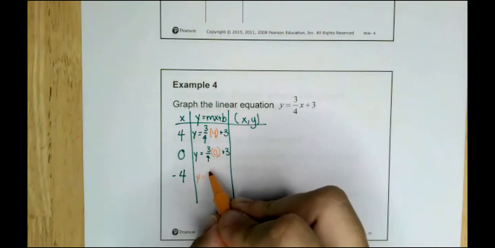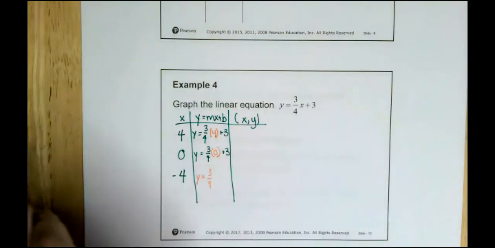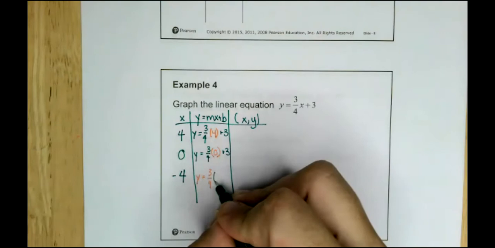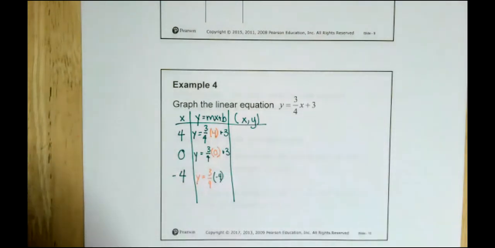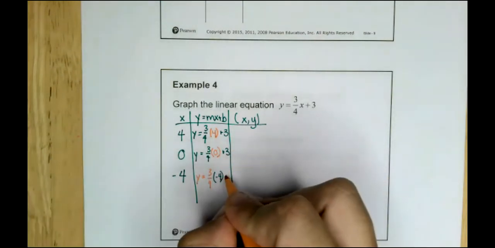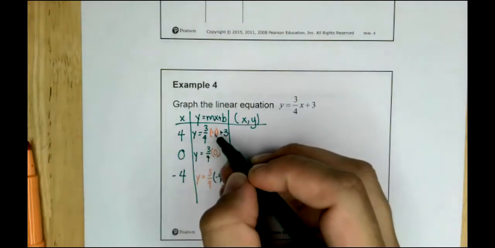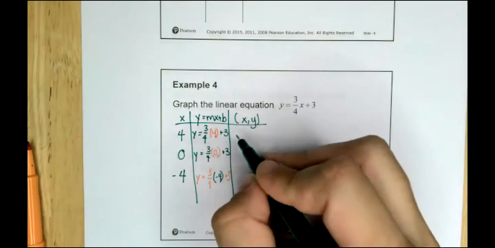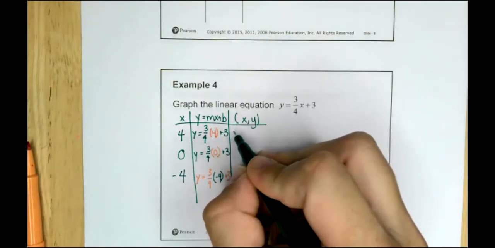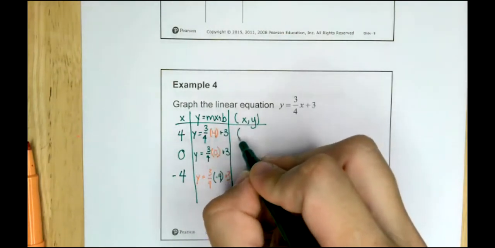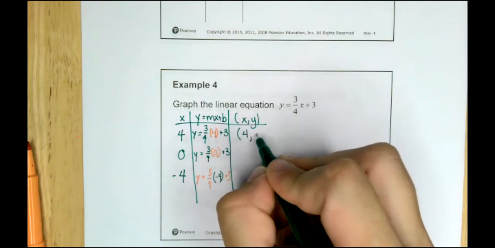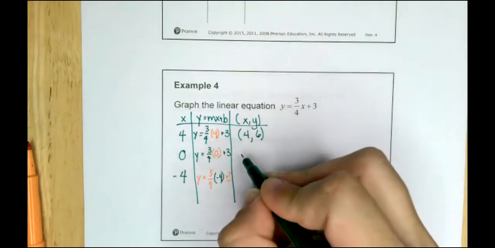Y equals 3/4. Oh, -4 plus 3. All right, so 3/4 times 4 just becomes 3. 3 plus 3 is 6, right? Y is 6. So now I have x is 4, y is 6.